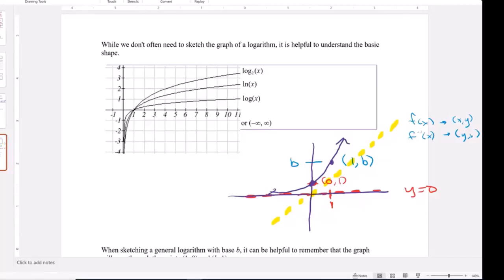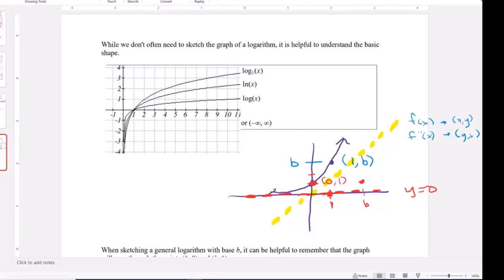So if I have a point 0, 1 on my exponential function, I'm going to have a point 1, 0 on my logarithmic function. If I have a point 1, b on my exponential function, I'm going to have a point b, 1 on my logarithmic function. Okay? x and y flip.